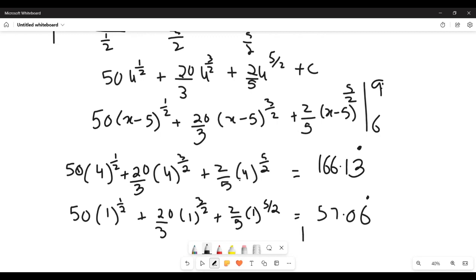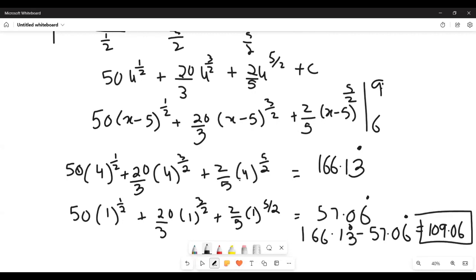So subtract these and that would be the result of integration. That gives 109.06 after rounding. हंड्रेड एंड 9.0666 आता है तो उसको 7 कर लो.